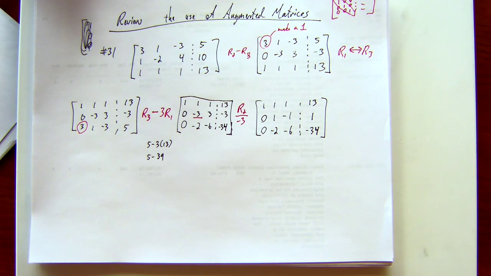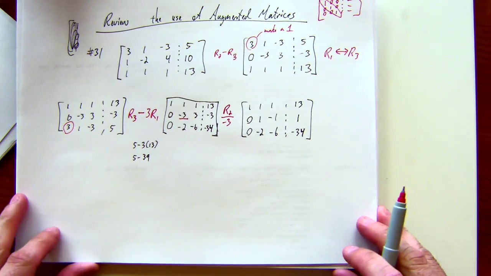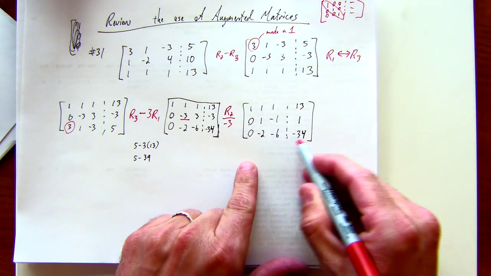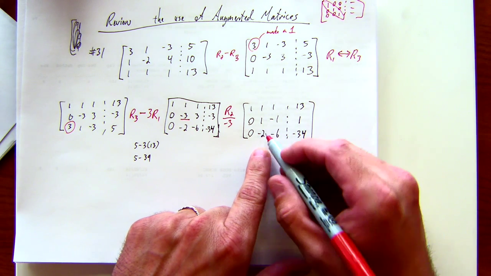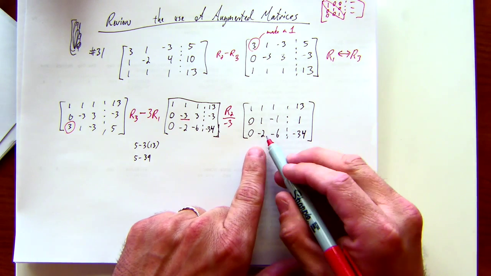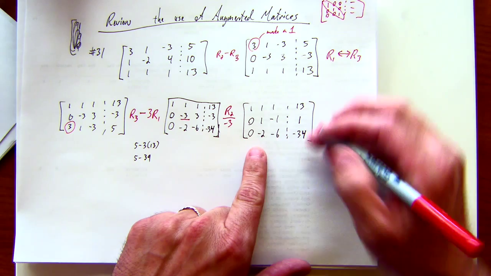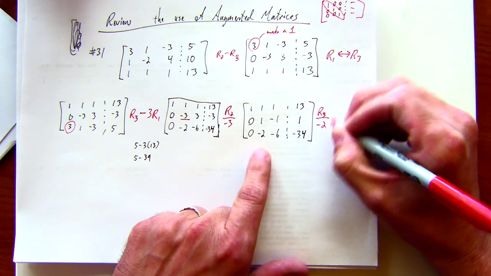You want me to? Okay, what's an easy thing I can do to row 3? Same rule, but do what? So row 3 is this one. Yeah, divide by negative 2. But if I notice that all of these are even, so I can divide by negative 2. So I'm going to have row 3 divided by a negative 2.